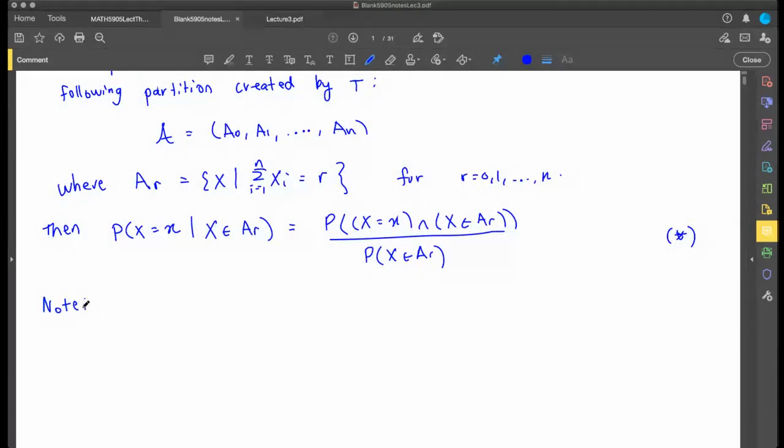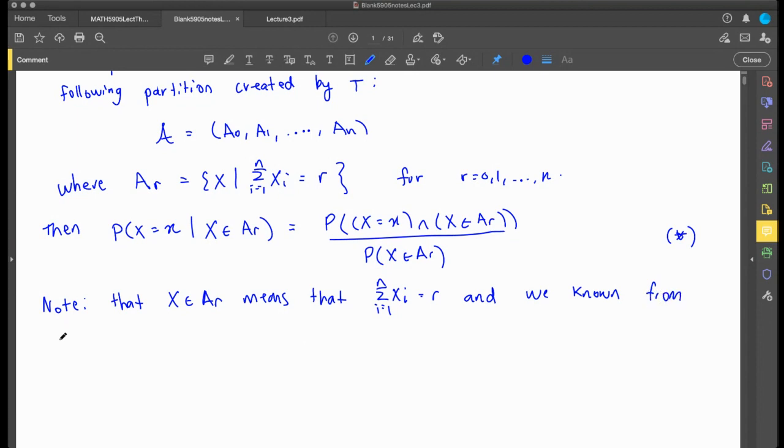So what we have to note here is that when I say that X belongs into the set A_r, this means that the sum of the observations, or the number of successes, takes the value r, and we can actually compute the distribution of this, right? Because the X_i are Bernoulli, and the sum of Bernoulli turns out to be binomially distributed.